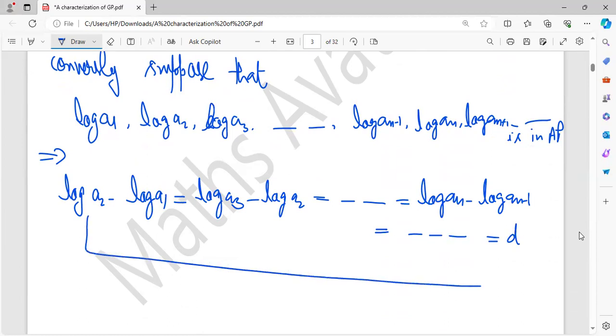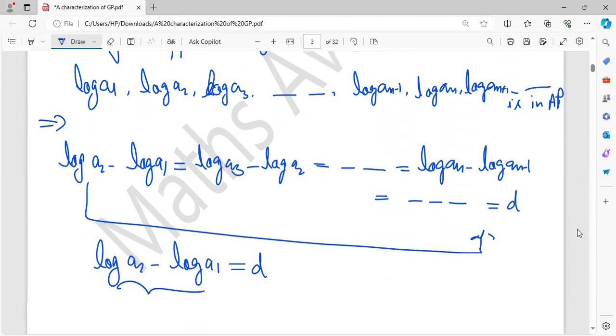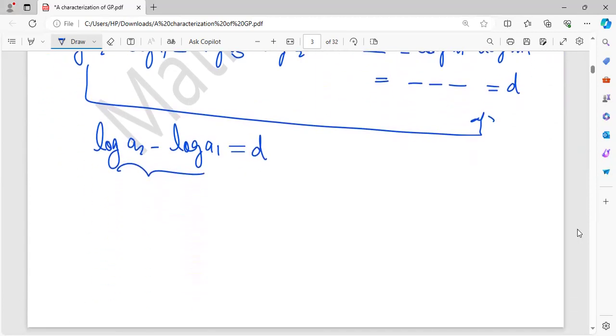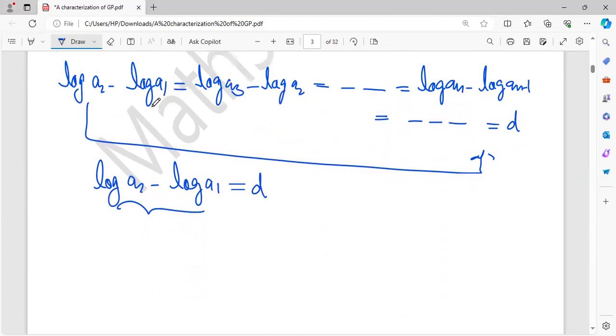So if we take these two terms, log a2 minus log a1 is equal to d. So we can solve it. It is log a2 upon a1, that is d. After solving it, we'll get a2 upon a1 is e to the power d.